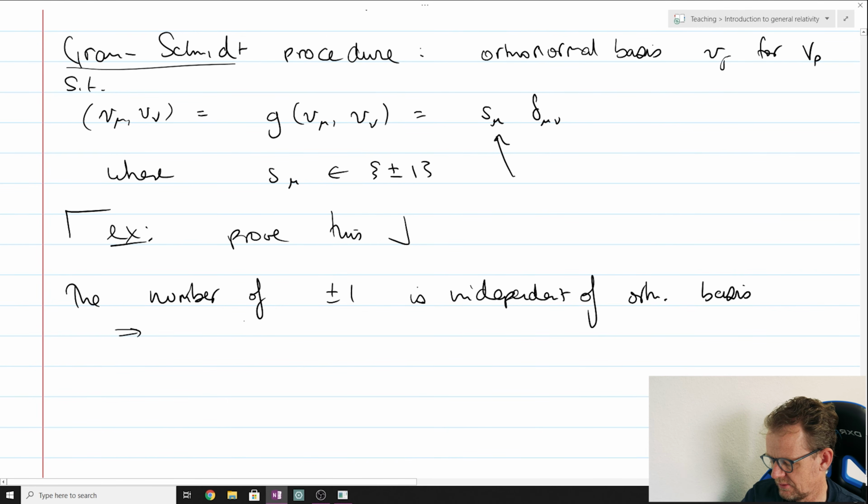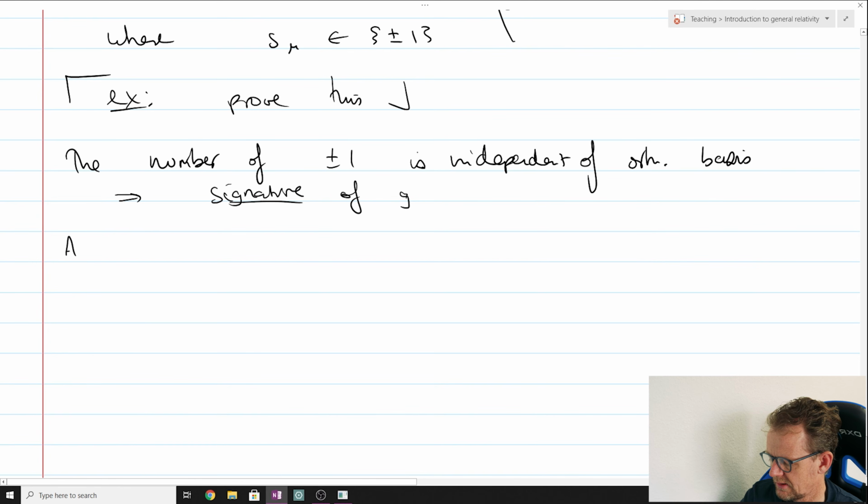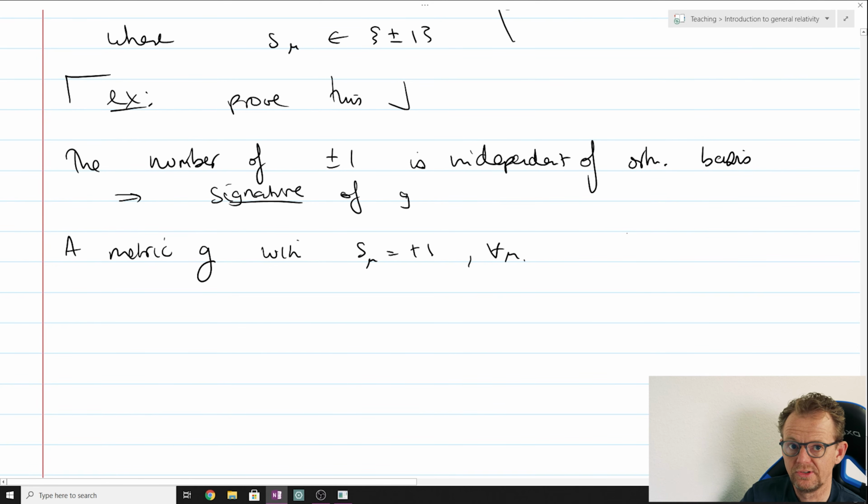And it has a name, it's called the signature of the metric g. So a metric with S mu equals +1 for all mu, such a metric is positive definite and is given a special name in differential geometry. It's called Riemannian.